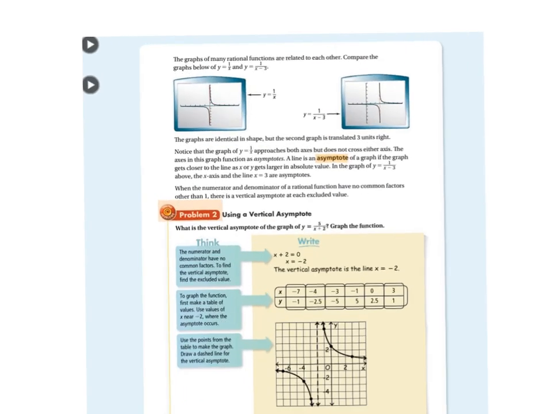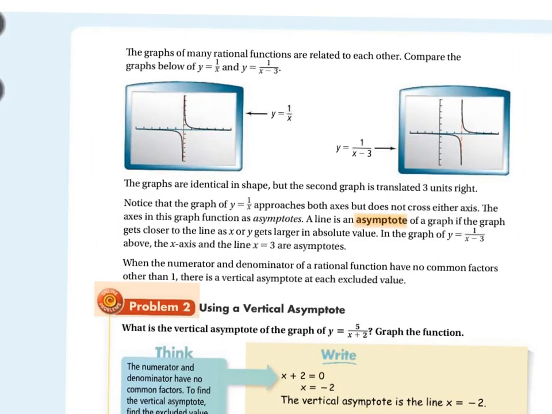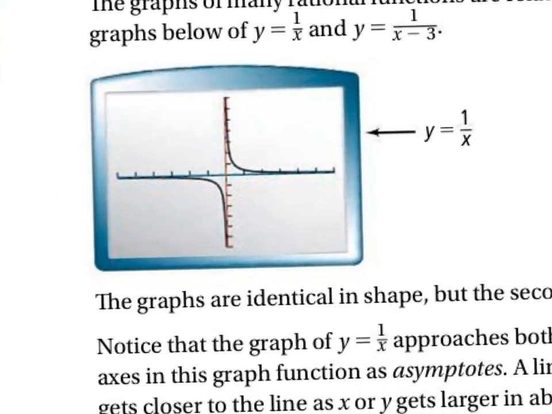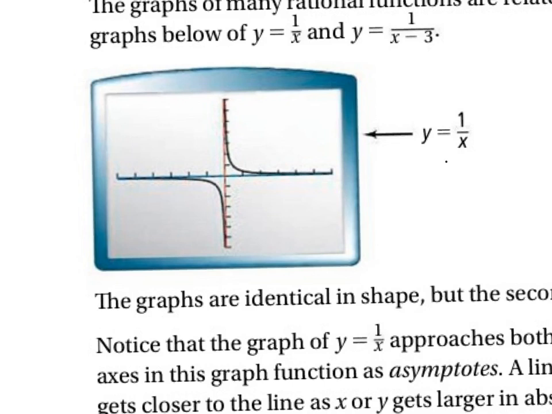The next part talks about graphing rational functions, and this first graph over on the left here, this is the graph of y equals 1 over x. So y equals 1 over x, you can see the graph over here and the graph over here.